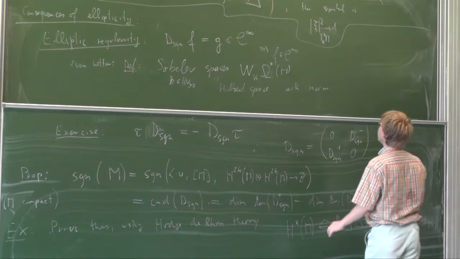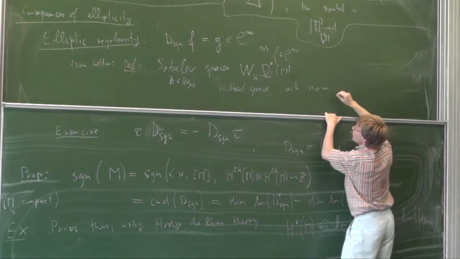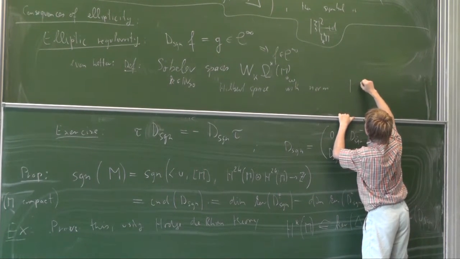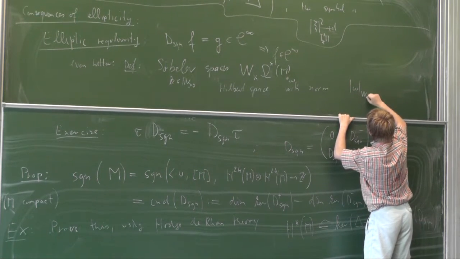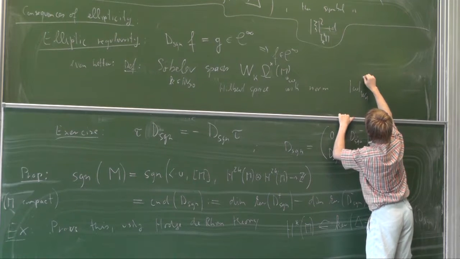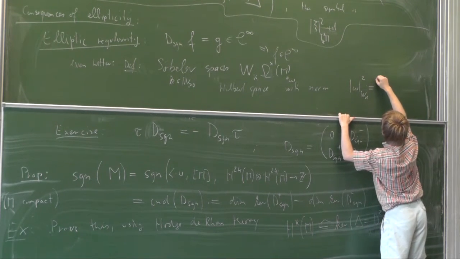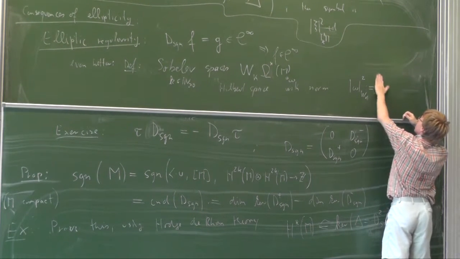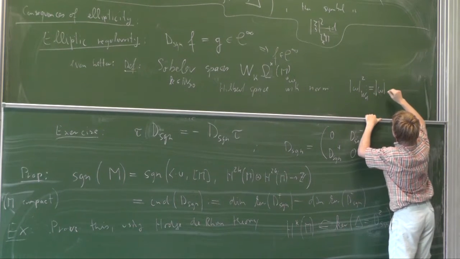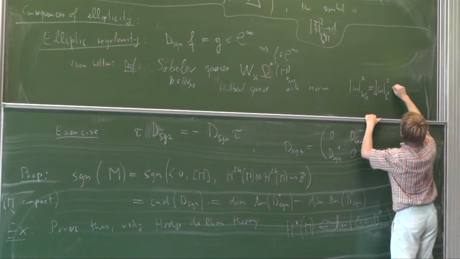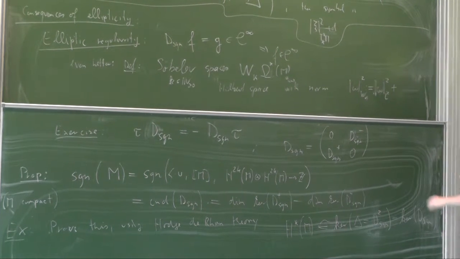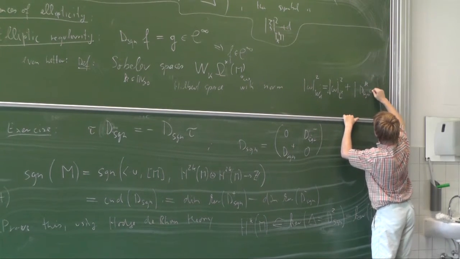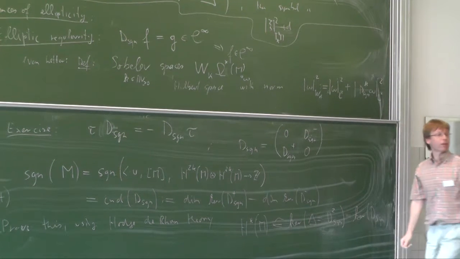Using the signature operator and the fact that it's elliptic, we can define the norm, if you have such an omega, to be the W^k norm of omega squared, just define it to be the sum of the L2 norm of omega and the L2 norm of the signature operator applied k times, and then take the L2 norm.